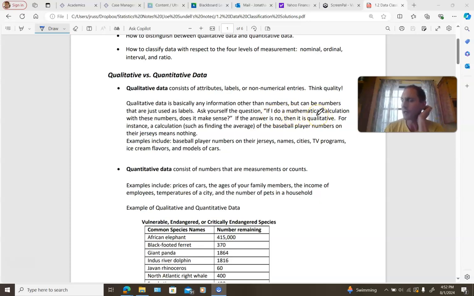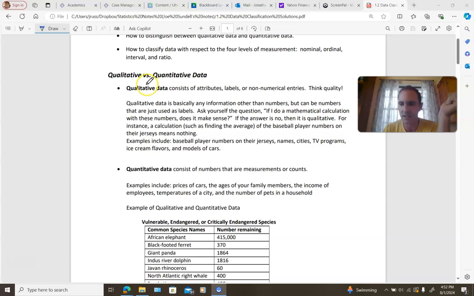An example would be your student ID number at the college or your social security number. That is qualitative data, even though it consists of numbers. Those numbers are simply labels. Here's another example. The numbers on a player's jersey are numbers strictly used to identify that particular player.